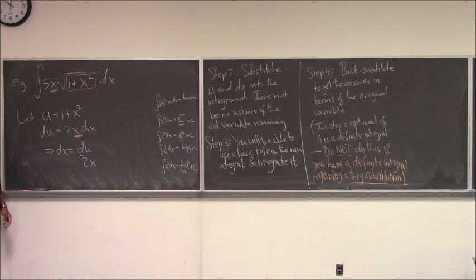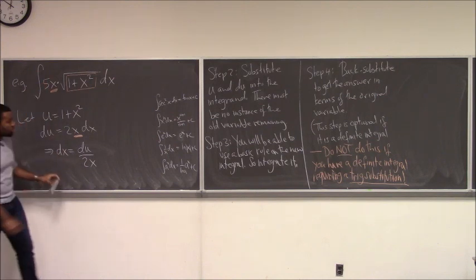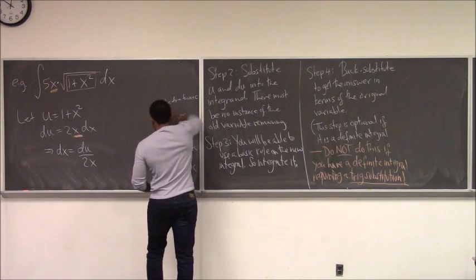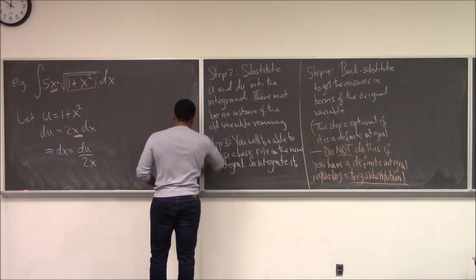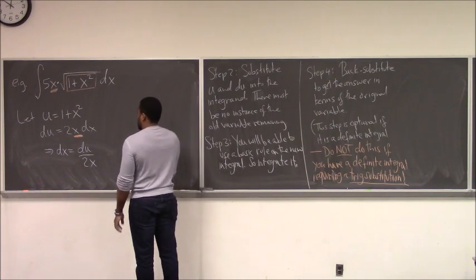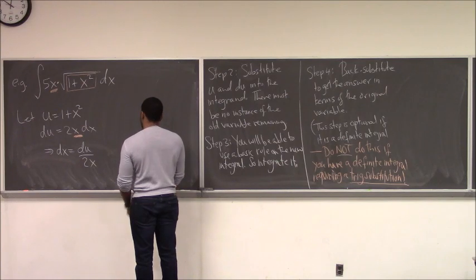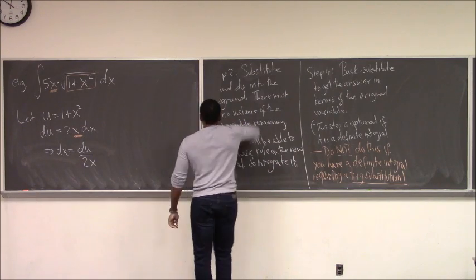Okay. So now you've completed step 1. You are now going to replace things and rewrite this integral. I'm just going to go in and replace these. The goal is to eliminate all the x's and get a new integral in terms of u.